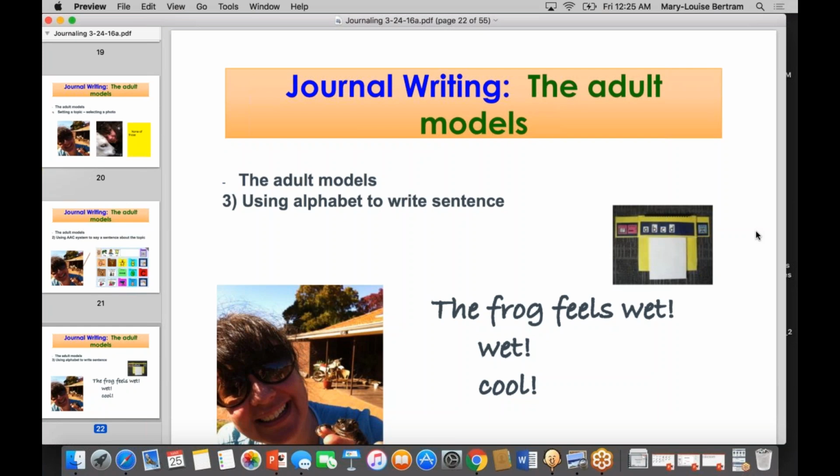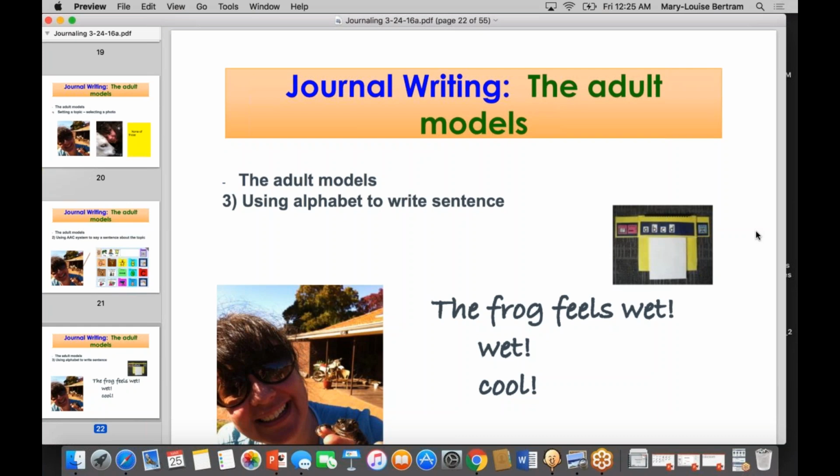I might have spoken with my AAC, the frog feels wet, but I don't have to then spend the next 10 minutes using an alternative pencil to write that whole sentence, because it's going to get very boring very fast for my kids who need this to be moving on. Because I don't want them fading before they then have to do their own journal writing.